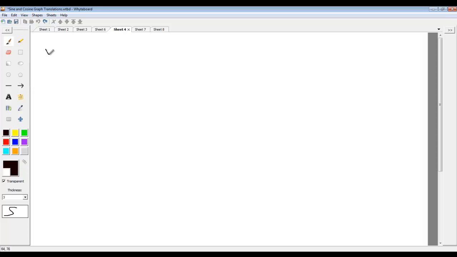Vertical shift, just like in algebra, how if you add or subtract something from the entire equation, you have a shift up or down. Well, that's the case here too, with sine or cosine.